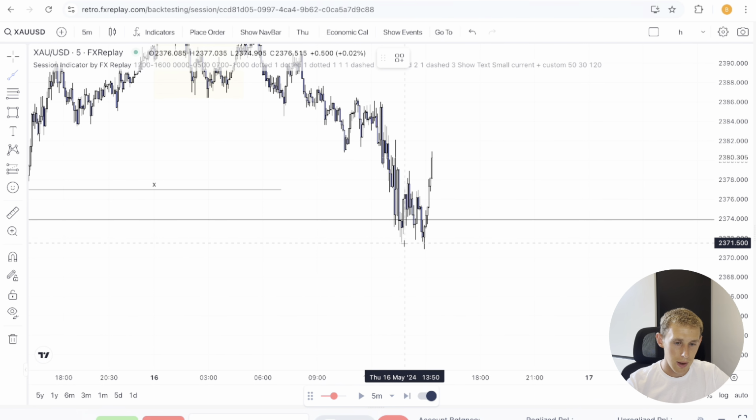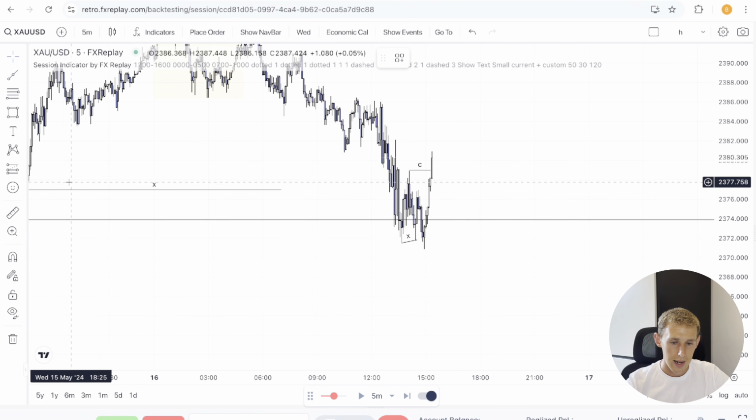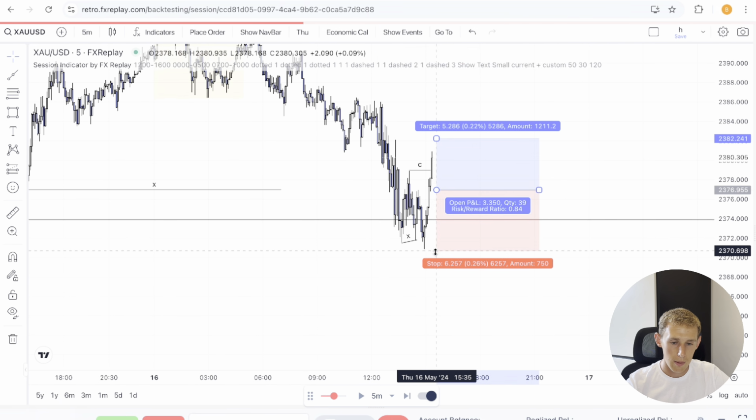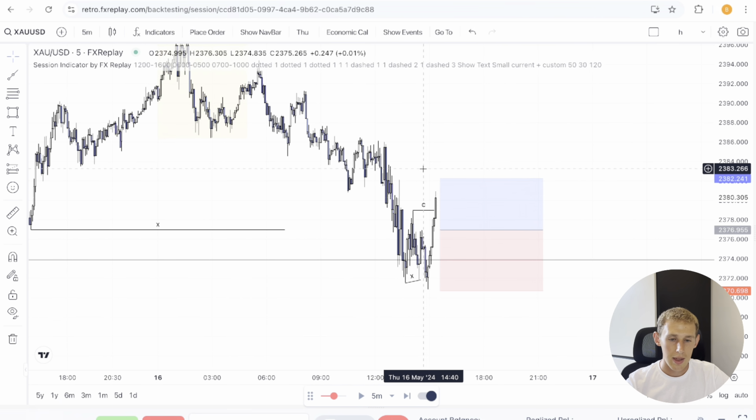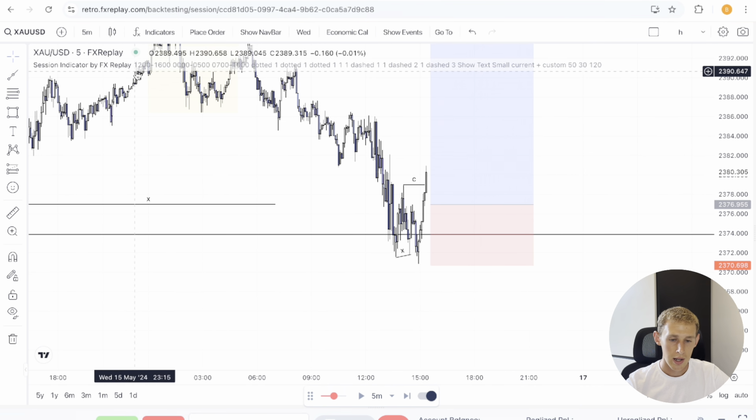Yeah, there we go. I'm liking the look of this. Notice how it grabbed these equal lows and gave us a change of character. In terms of entries, like I said before, I'm looking for a more generic entry. I think a lot of the issues people face with this style of trading come from the fact that they try to over-refine the entries.